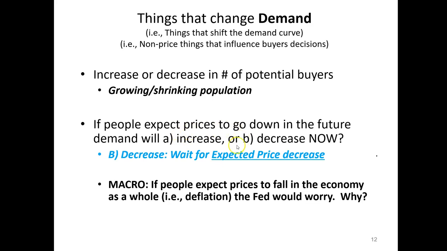If people continuously expect prices of things to go down, so they expect deflation, the Fed would get worried because that often slows down economic activity because then people don't buy stuff. Then companies can't sell stuff, and so they don't hire workers, and then that's going to cause prices to go down some more, and it becomes this almost self-fulfilling prophecy and spiral.